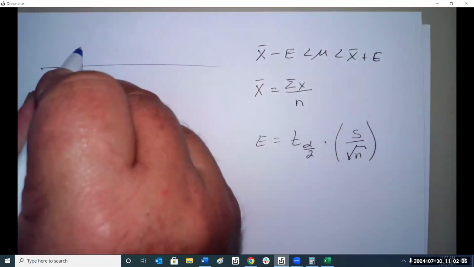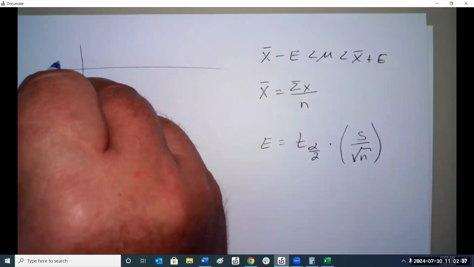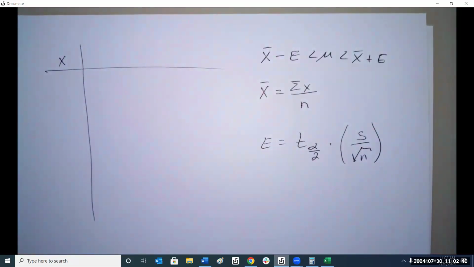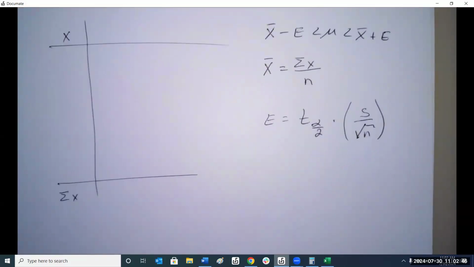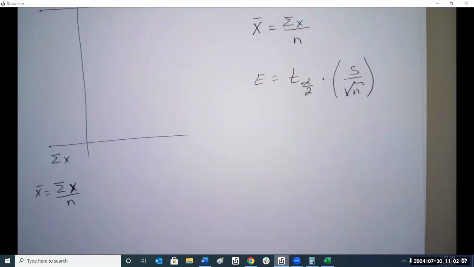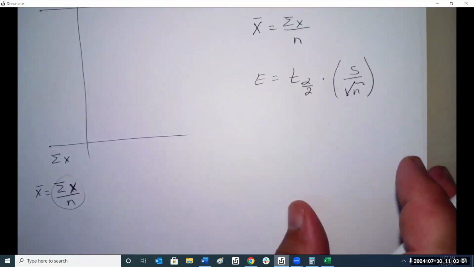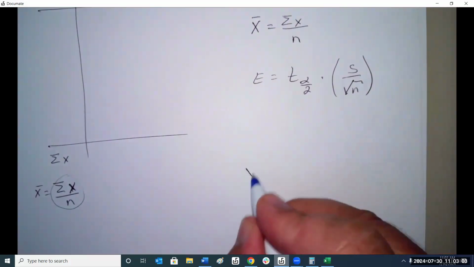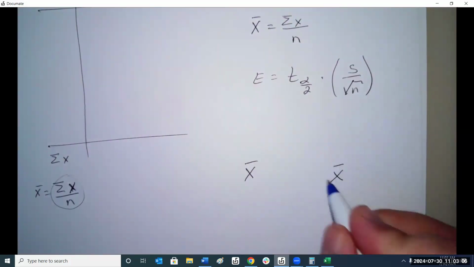So in my Excel spreadsheet, on the first column, I had my x's. I added up all of my x's. Then to find the mean, I took my summation of all my x's and divided by n. That's what I found my mean. So that goes there and there.